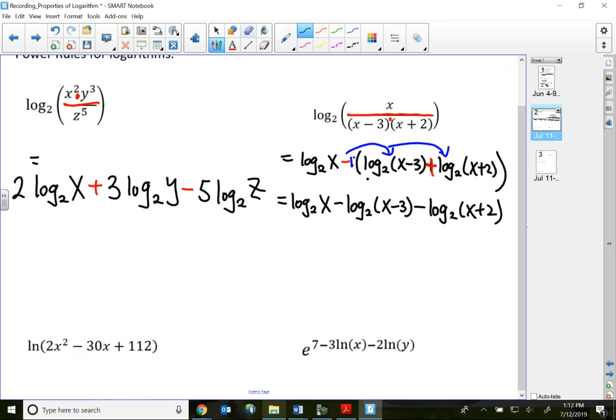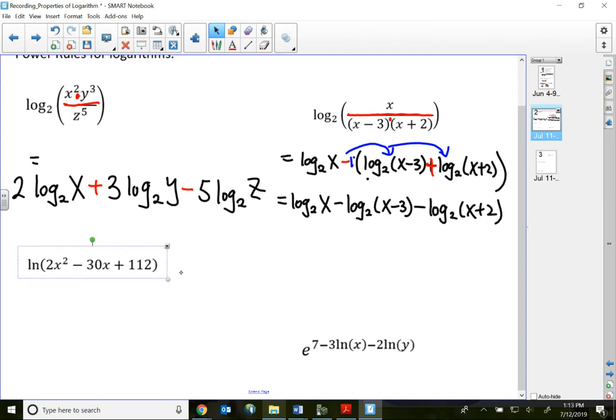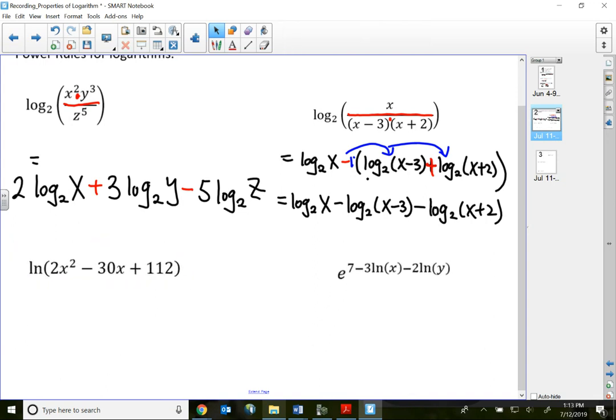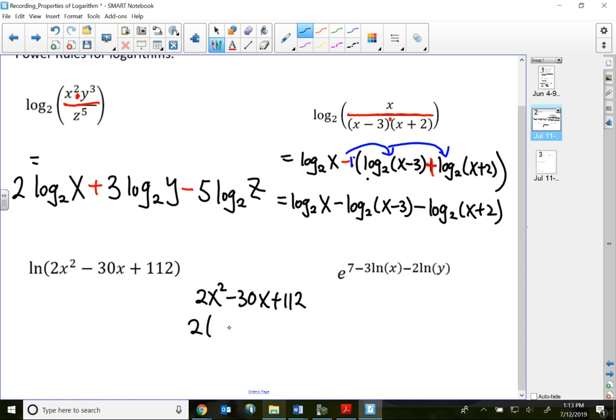All right, natural log is just another logarithm with a base e. So this is actually three terms inside the natural log. So I got to make it into one term by factoring. So let me do this on the side real quick. If I want to factor 2x squared minus 30x plus 112, I will factor out a 2 first. That gives me x squared minus 15x plus 56.